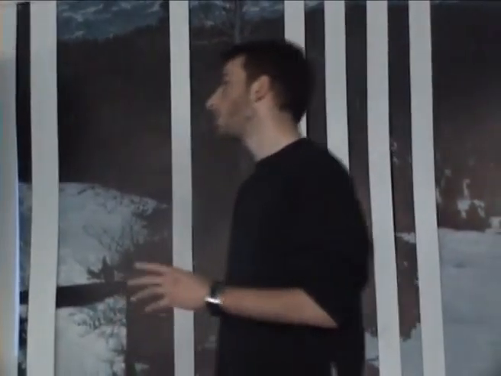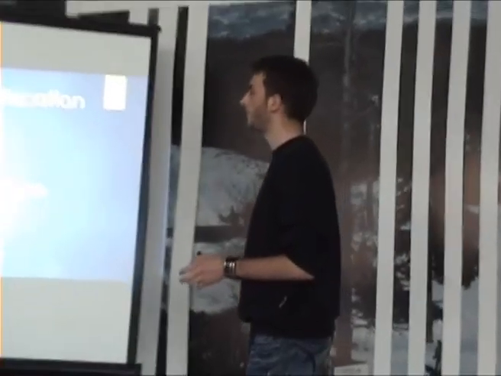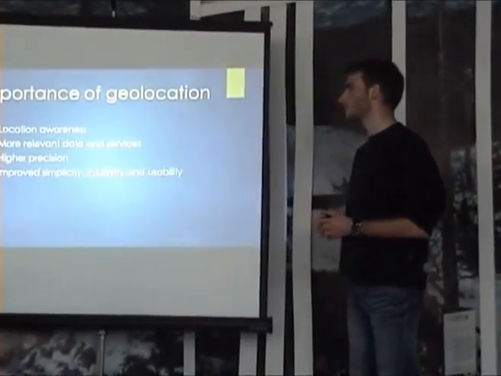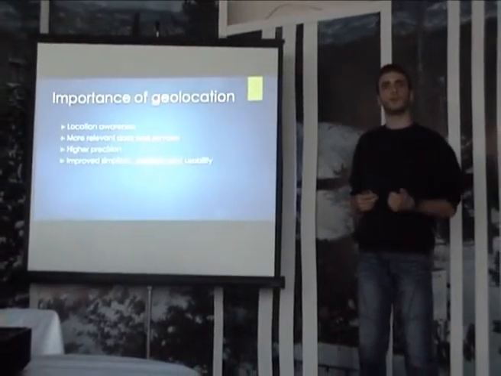So even the smallest of these decisions are influenced by our position in space, and modern software also should have that component, so the applications could become even more relevant and important to us. The benefit of location awareness of these applications is in more relevant data and services, which is pretty much what I explained before.